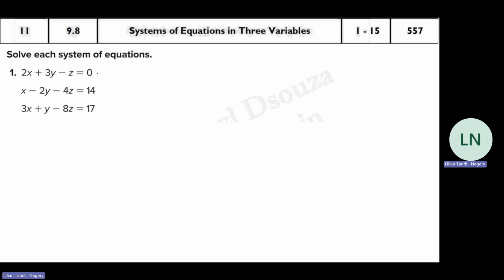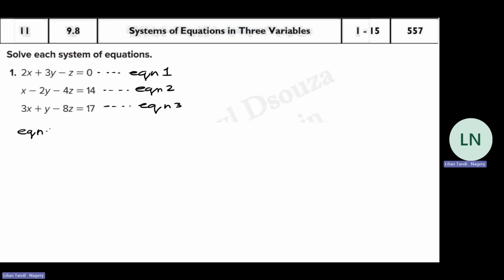Always label so that you know what you're doing: equation 1, equation 2, equation 3. You also must indicate what variable you are eliminating.